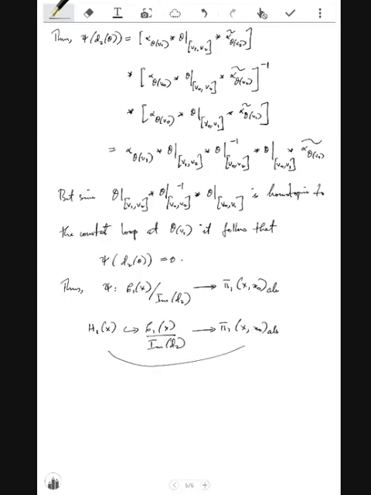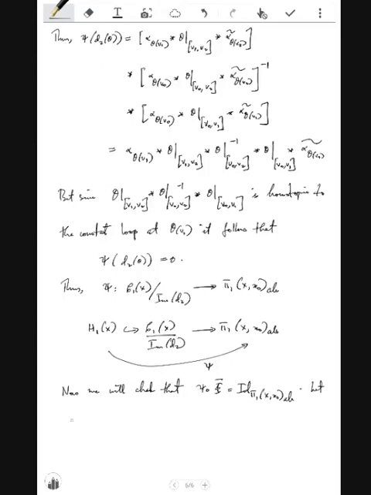So this defines psi. So now we will check that psi composed with phi bar is equal to identity of pi1(X, x0) abelianization.